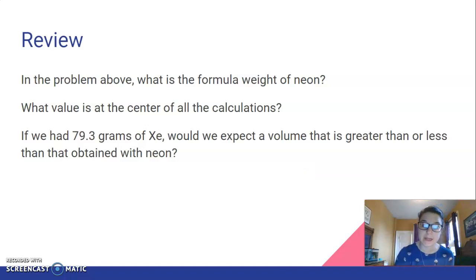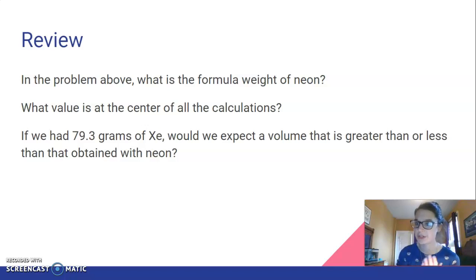So for review for these sections, again, I won't necessarily answer the question, just try to lead you to the answers. In the problem above, the problem that we just did was the formula weight of neon. Formula weight in this case is the same as the atomic weight or atomic mass, because formula weight refers to the weight of the whole chemical formula. So for water, H2O, it would be the sum of all of those.